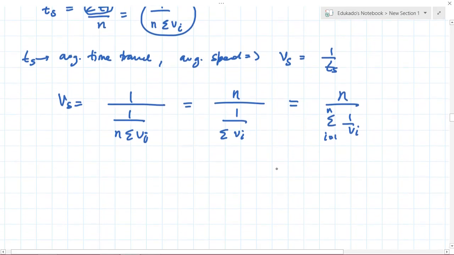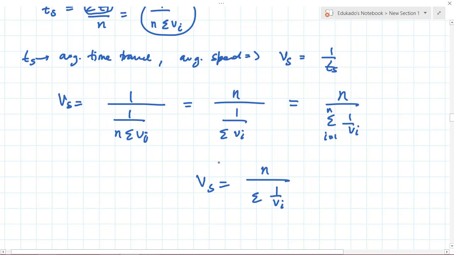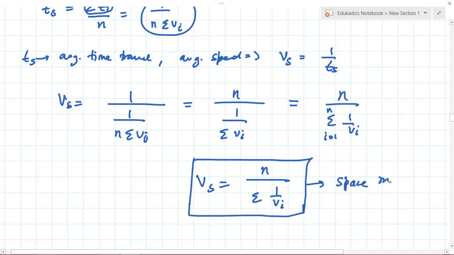So over here what you have calculated is Vs equal to n divided by the summation of 1 upon Vi. This is what you call the space mean speed. This is how you proceed with it.